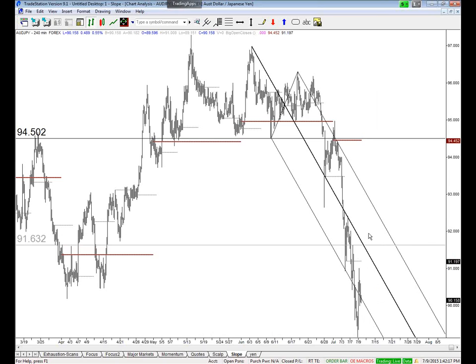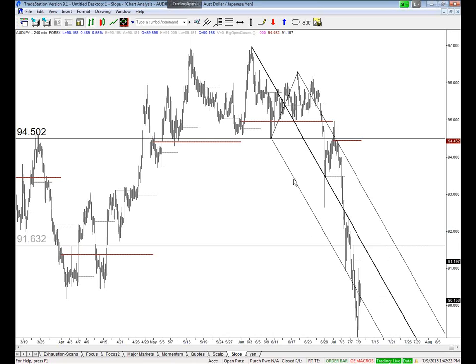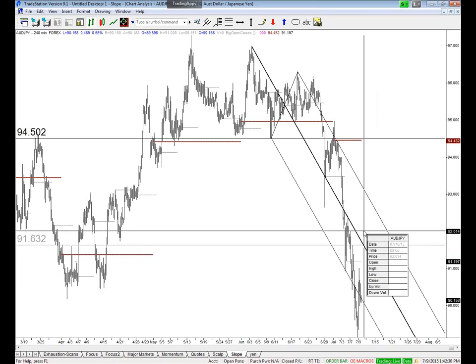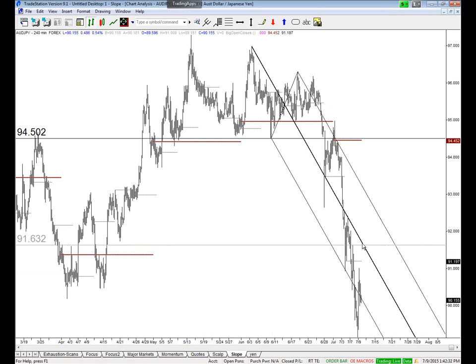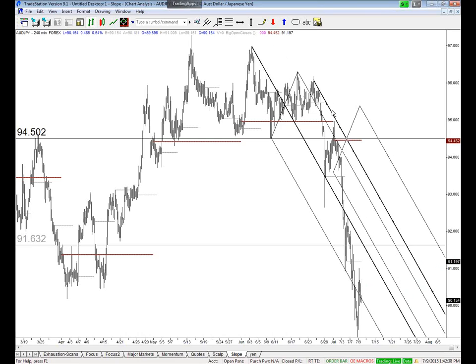So this is an even shorter term one. So that looks like a decent spot too. See how the market crashed below this lower parallel, tells you that you're going to find decent resistance at this slope. Okay, because you have a lower floor, look for a lower ceiling, etc. So that's what I'd be looking for, 91.50-60 as far as Aussie yen's concerned.